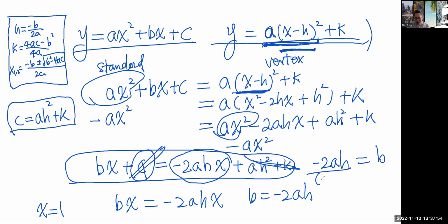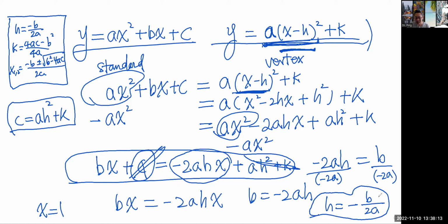Then we divide by 2a on both sides, and our h is equal to negative b over 2a, because positive divided by negative is negative. So we got that h. Very important now, we got h. Once we got h, we can get k.